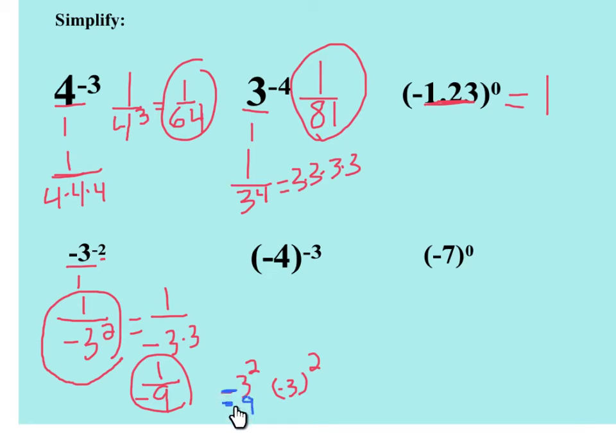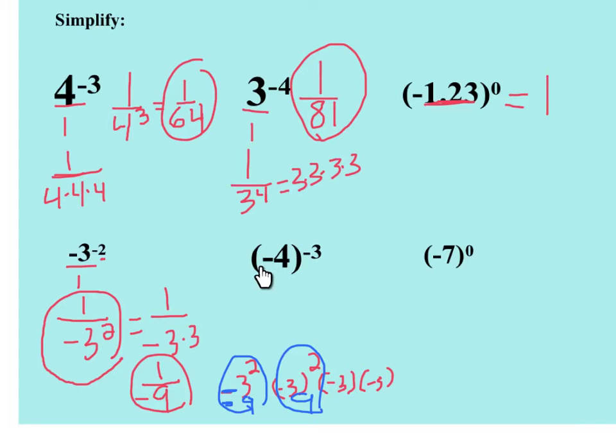So this equals negative 9, where if I have this with a parenthesis, that means write the parenthesis negative 3, write that twice. And when I write that twice, I have negative 3 multiplied to negative 3, which gives me a positive 9. So just to show you again, this one is positive, this one's negative. And that's why this was negative, because this 3 does not have a parenthesis around the negative. Well, let's get back here.